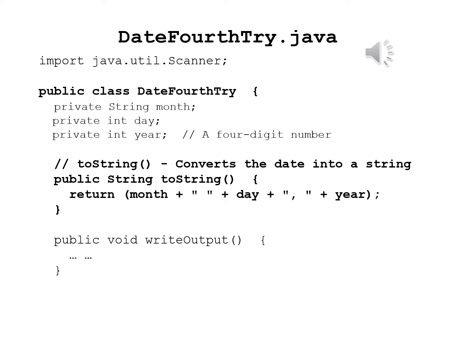If we were talking about today, February 13th, 2022, it would print out the word February, after a blank the day 13, after a comma and blank the year 2022. This is something that becomes very useful in a very large number of classes.